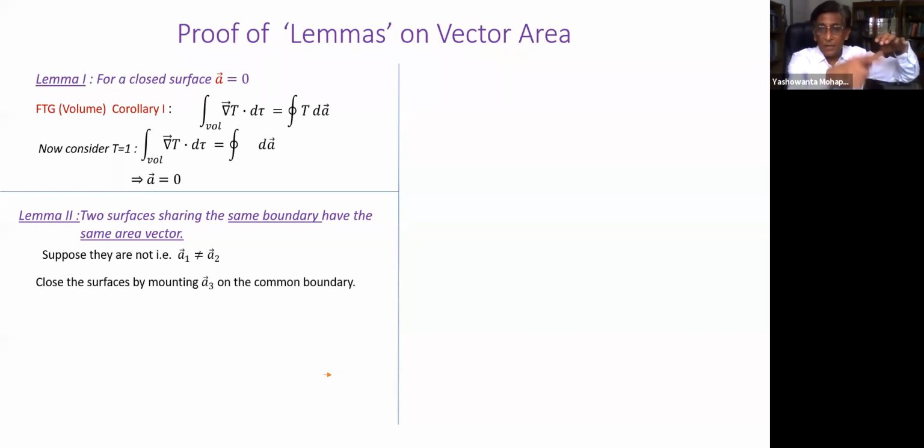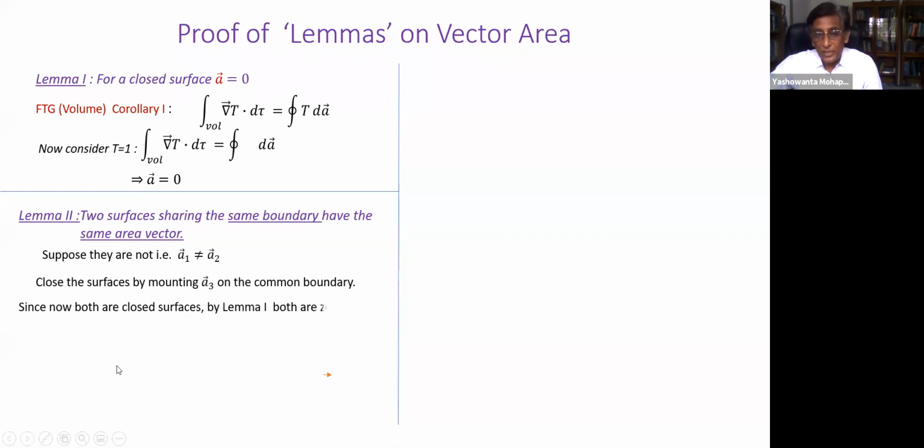Now I put another A3 which will close the surface. Since both are now closed surfaces, by lemma 1 both are 0. So A1 plus A3 is 0, A2 plus A3 is 0, and hence they can't be different. So if the boundary is the same, then the area is the same.